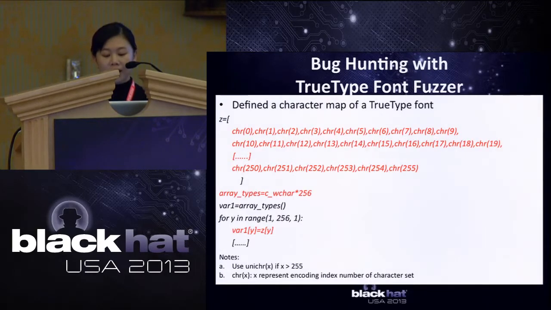And as soon as the attributes of the font are well defined, the character map of a TrueType font has to be defined as well. Without defining the character map, even if a particular font encounters a problem, the vulnerability will not be triggered. Defining a character map is very subjective, where defining the entire character set of the particular font will be a good option.